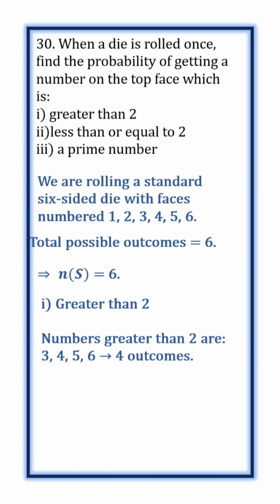So number of A is equal to 4. Probability of an event P of A here is number of A upon number of S, that is equal to 4 by 6. We can cancel with the 2: 2 2s are, 2 3s are. So 2 by 3. It is the answer here.